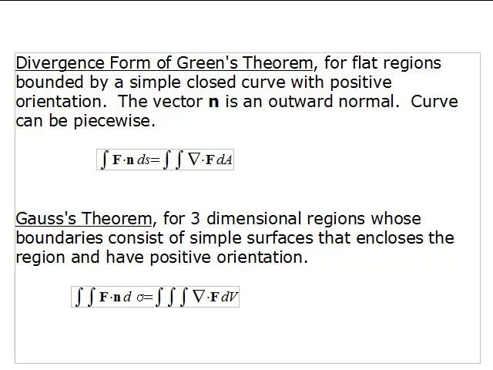And now, here is the statement of these theorems. Let's look at Green's theorem. For a flat region bounded by a simple closed curve with positive orientation, we're going to let n be the outward normal. The integral of F dot n over that boundary, again, you're going to have to add the parameterizations into it, but you can see F dot n is going to get you the normal component of the flux across that boundary. n is the outer normal.